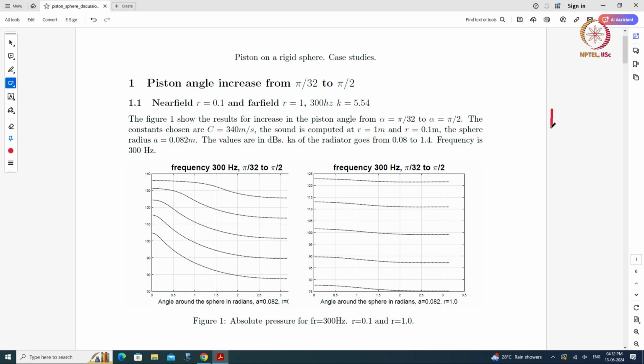Welcome to this next lecture on fundamentals of acoustics. We have seen a number of sources now. For example, we have seen a pulsating sphere. We have seen a piston in a baffle.